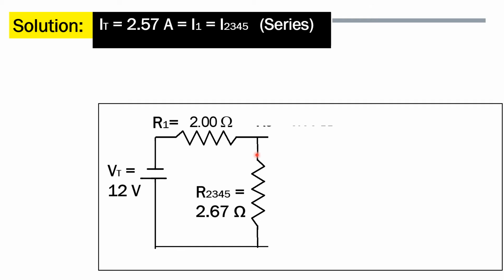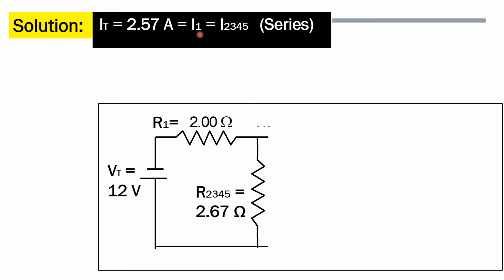We already said that the total current was computed to be 2.57 amperes. And you will notice that the total current generated by the battery is also equal to the current that passes through R sub 1, the mere fact that R sub 1 is in series with the battery. So that makes the current through R1 equal to the total current.